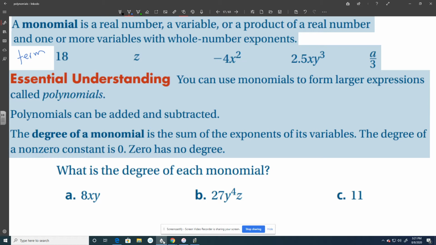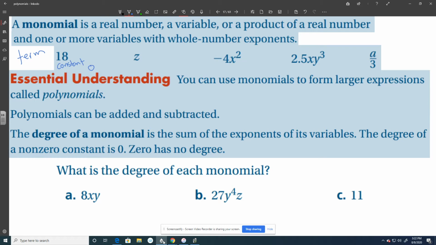So 18, if it's a number all by itself, we call that a constant. And it has a degree of 0 because there are no exponents. The way that we find the degree of a monomial is by adding up the exponents. And 18 doesn't have any exponents on its variables because there are no variables.